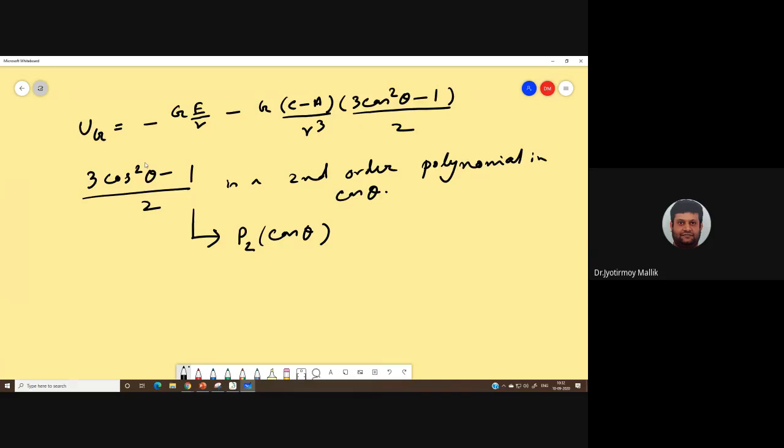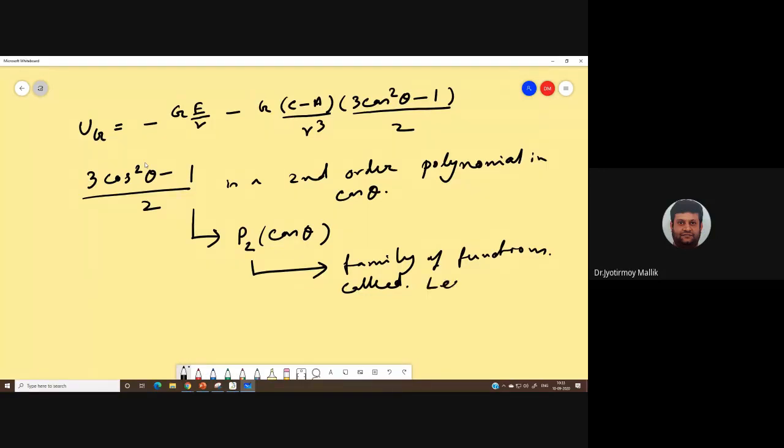It belongs to the family of functions called, do you know what it is called? Anyone? Legendre's polynomial.